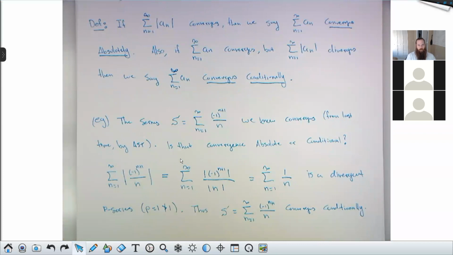So compare the definition above to the work we just did. We know the original series converges, but when we take the absolute values on the inside, the result is a divergent series. So that's the second sentence here. If the original series converges, but the absolute value series diverges, then we say the series converges conditionally.